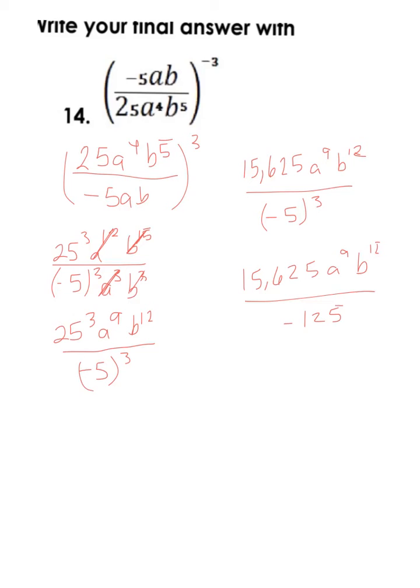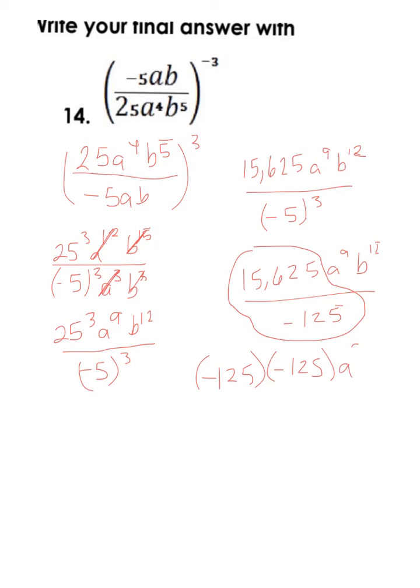And so the reason why when we simplify this part and it stays in the numerator is because you could have 15,625 represented as negative 125 times negative 125.